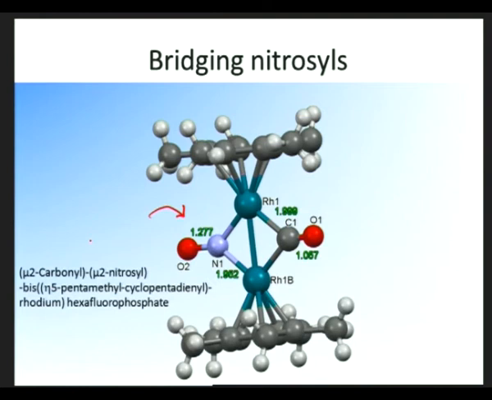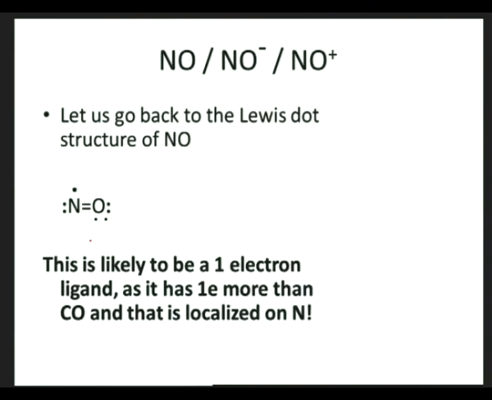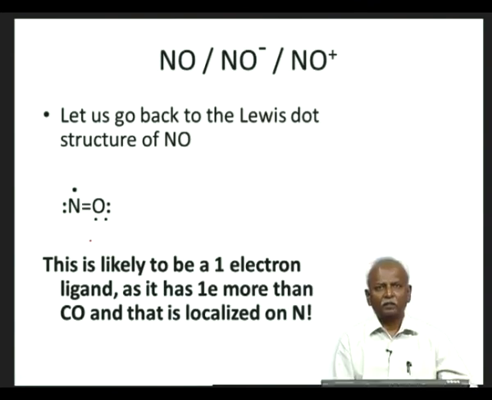And all of these factors are reminiscent of carbon monoxide chemistry. You have bond distances which are close to what you would observe for a double bonded atom. So, N double bond O character is what you would expect, and that is what you observe here. So, in these cases it is very obvious that nitric oxide is behaving very similar to carbon monoxide.